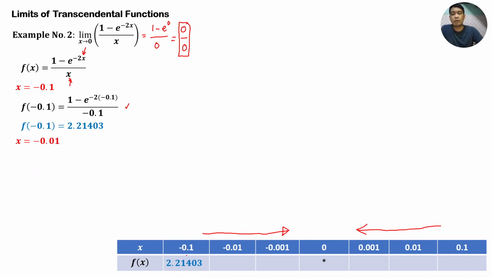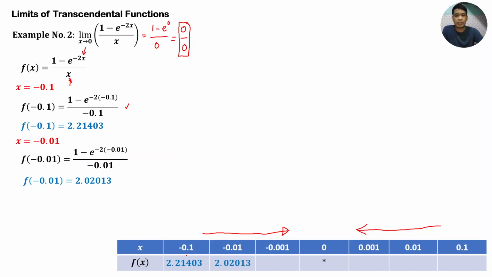Then, for x is equal to negative 0.01, substitute ulit natin. 1 minus e to the minus 2 times the quantity negative 0.01 all over negative 0.01. Substituting, pag ginamitan ng calcu, that gives us 2.02013. Put that in our table.